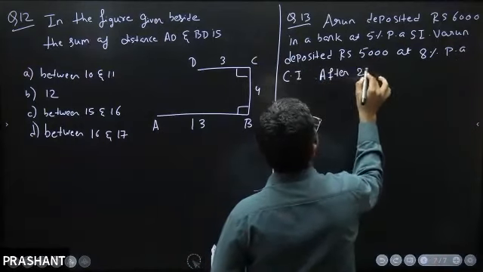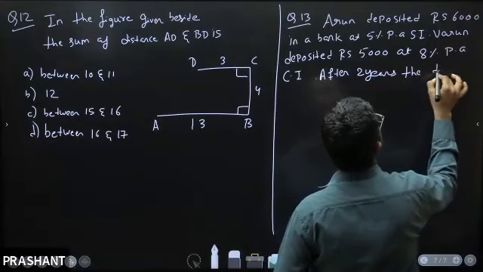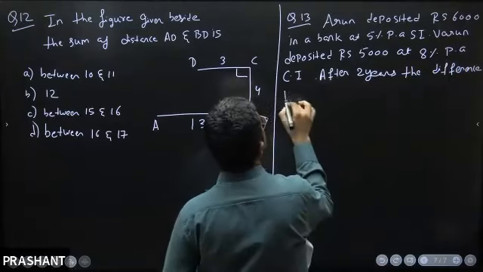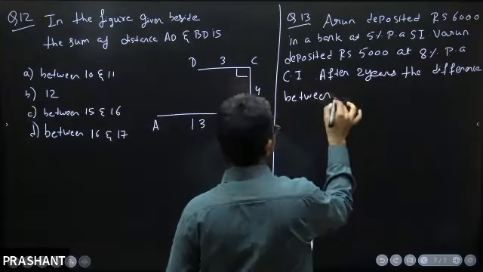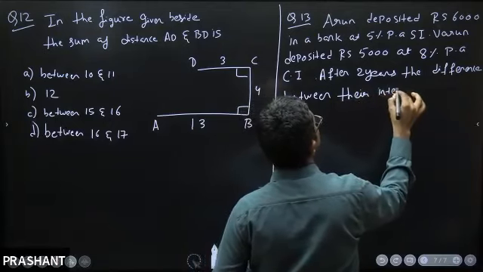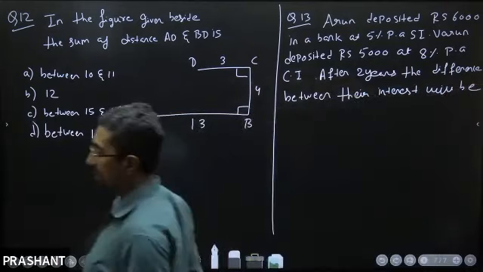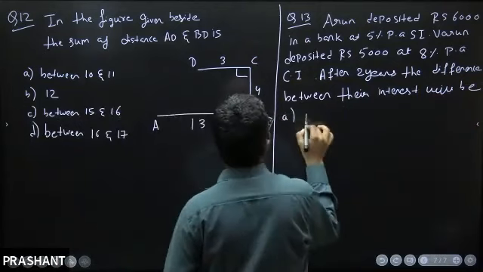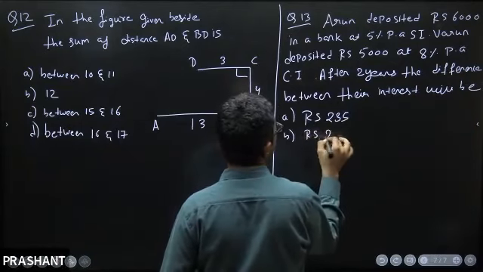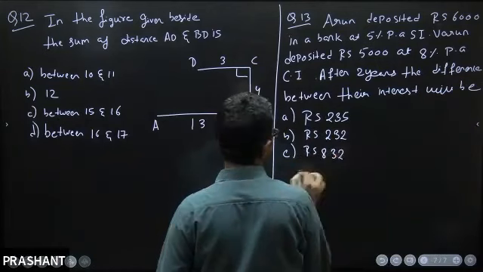After 2 years, the difference between their interests will be: option A, rupees 235; option B, rupees 232; rupees 832.